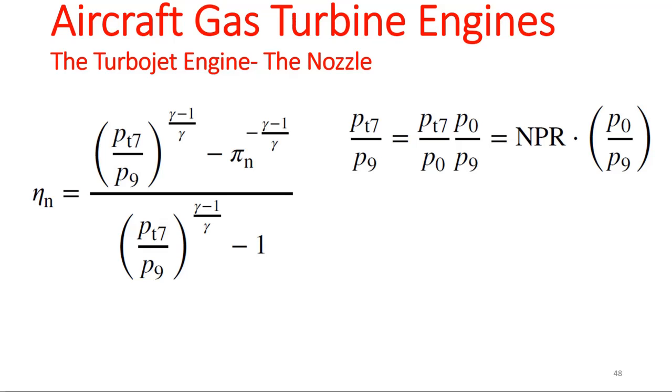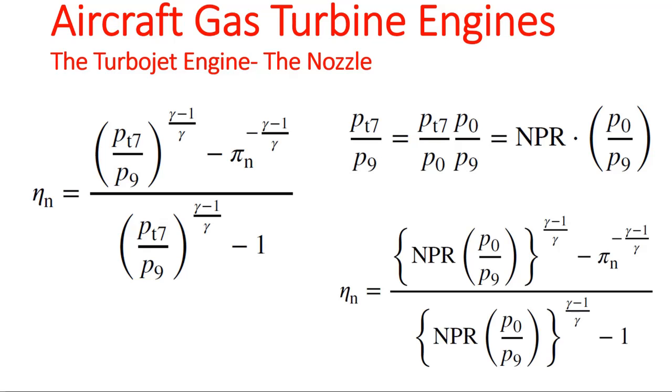We call both of them nozzle pressure ratio, but pi of n is PT9 divided by PT7, and NPR is PT7 divided by P0. Both of them are design parameters of a nozzle and a turbojet. You have to be mindful of the difference. So multiply by P9 over P0 over P9. You can replace that in the efficiency equation. This is what you are going to get.